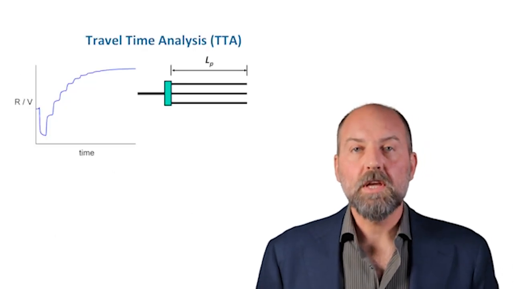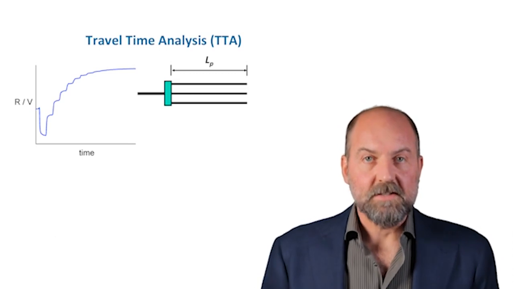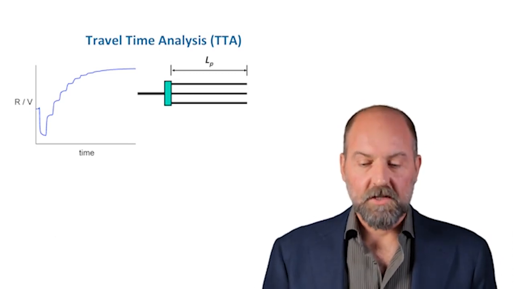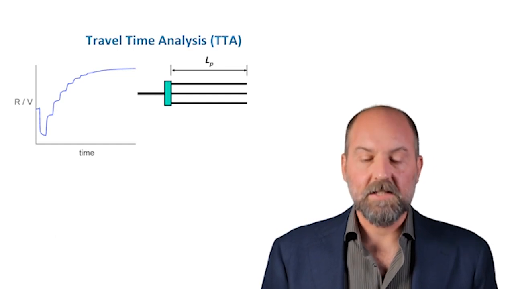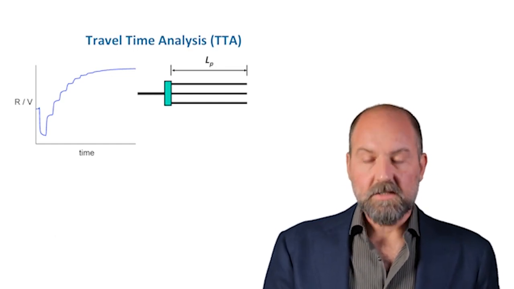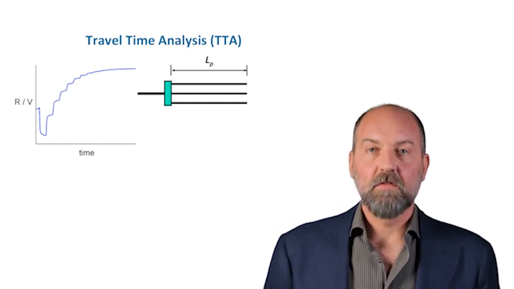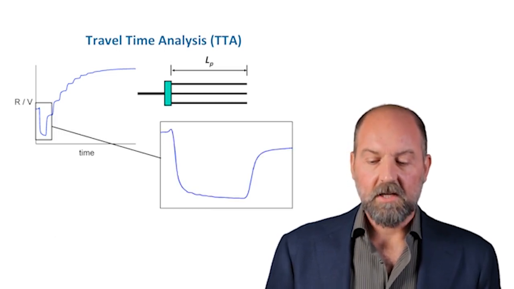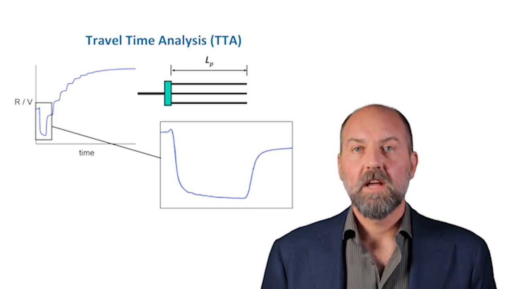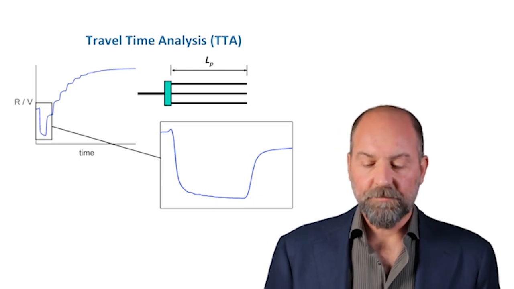Now, how do we, in practice, measure the propagation velocity? Well, we do so through something known as travel time analysis. Here again is a typical voltage signal from a TDR system, and we take a close look at a portion of the signal.